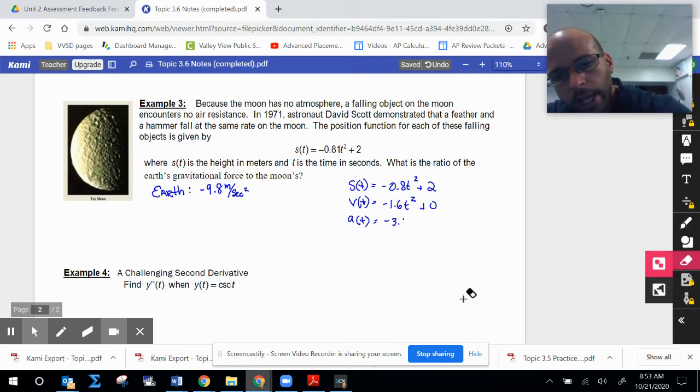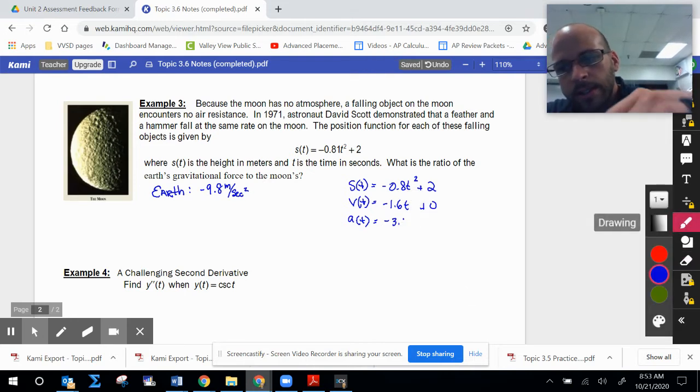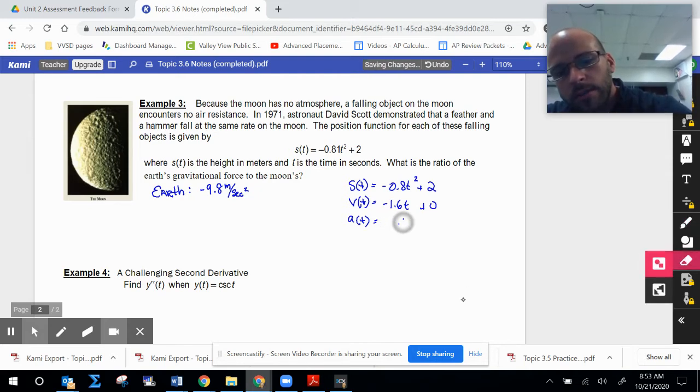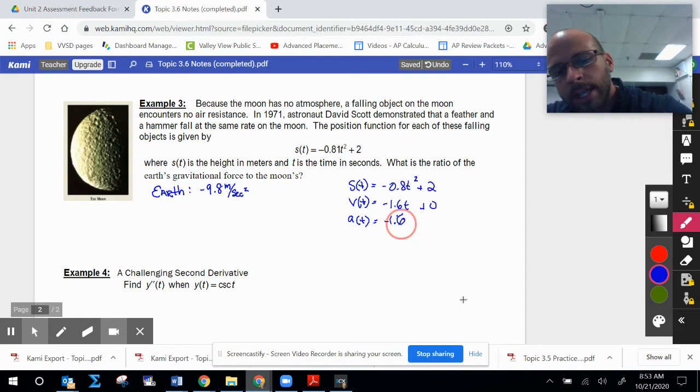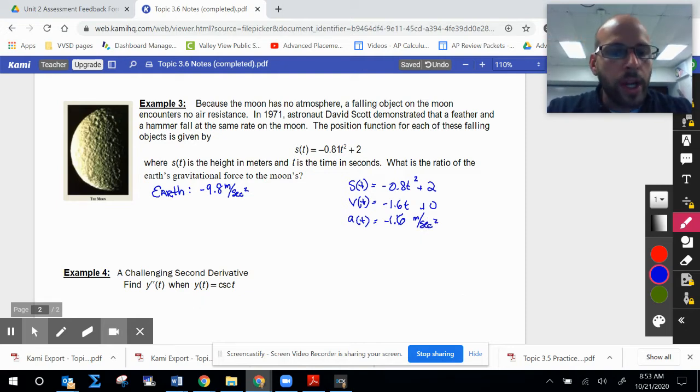Hold on. That shouldn't have been squared. Sorry about that, guys. Okay, so let's go back. So my acceleration is going to be just a negative 1.6. And I'm going to put units, meters per second squared. So it says, what is the ratio of Earth to the moon?